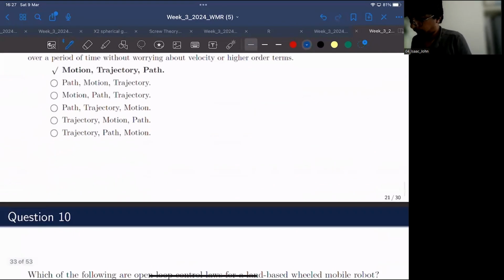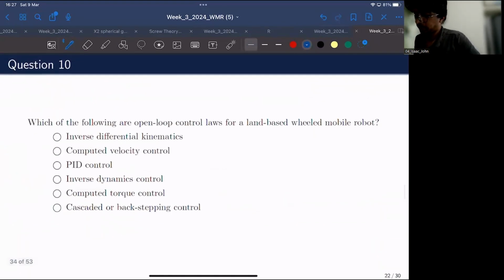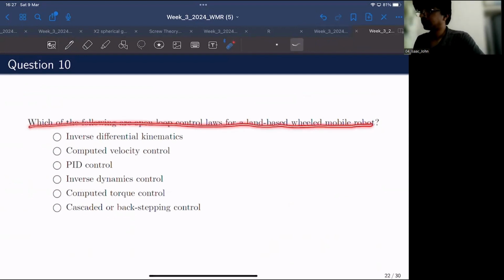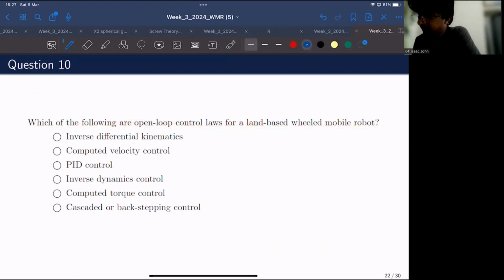Okay, now moving on to question 10. Which of the following are open loop control laws for a land-based bio robot? Is it inverse dynamics? Because you know the dynamic model of the robot, that is nothing but tau equals D of theta, theta double dot plus N of theta.